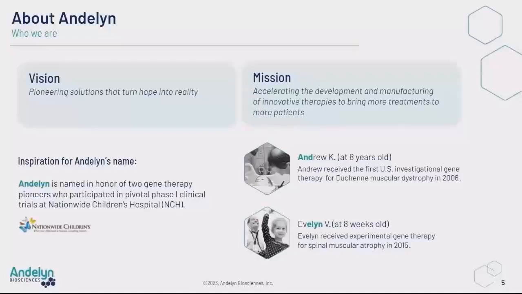And then Evelyn, who at 8 weeks old received the first experimental gene therapy drug for spinal muscular atrophy that directly led to the Zolgensma product.